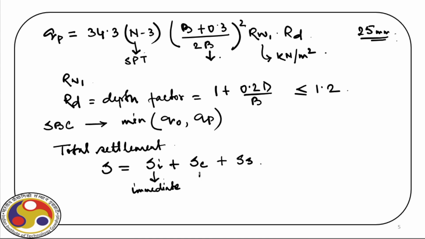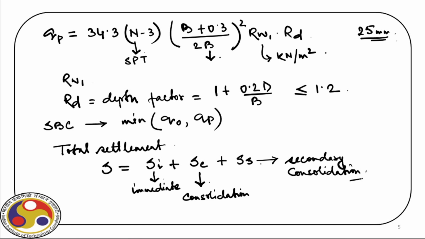Then, because of the consolidation of the soil, we have this Sc. So this is for consolidation. And then finally, the last component is the secondary consolidation of the soil. All three combined together offer us the total settlement that we consider.